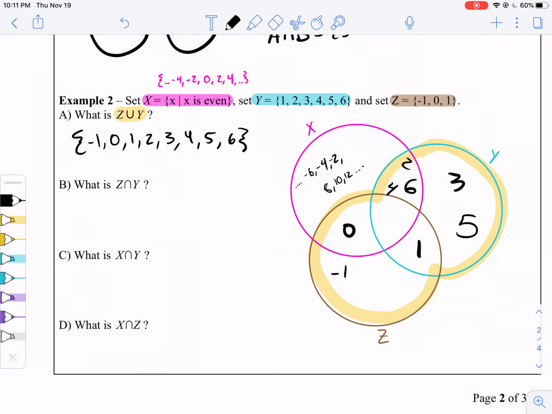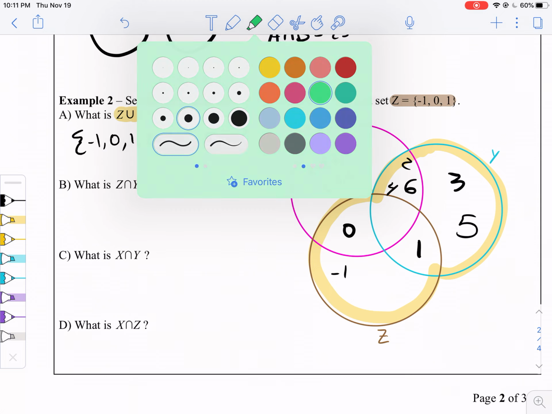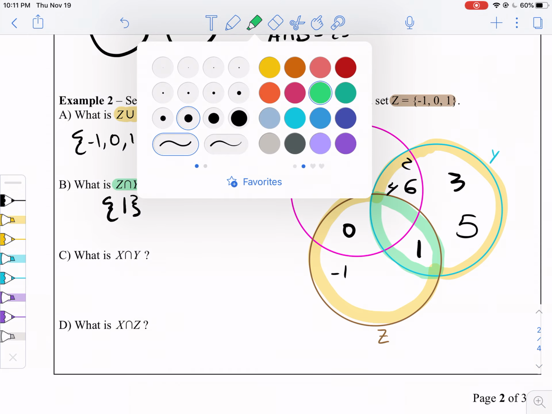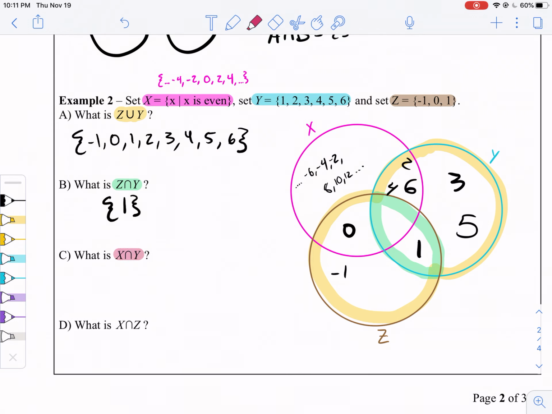Thank you. And then it asks, okay, now what is Z cap Y? What is the intersection of Z and Y? Well, the only thing that they have in common is 1. So that's literally just the number 1. Yay! Okay, well then, what is X cap Y?